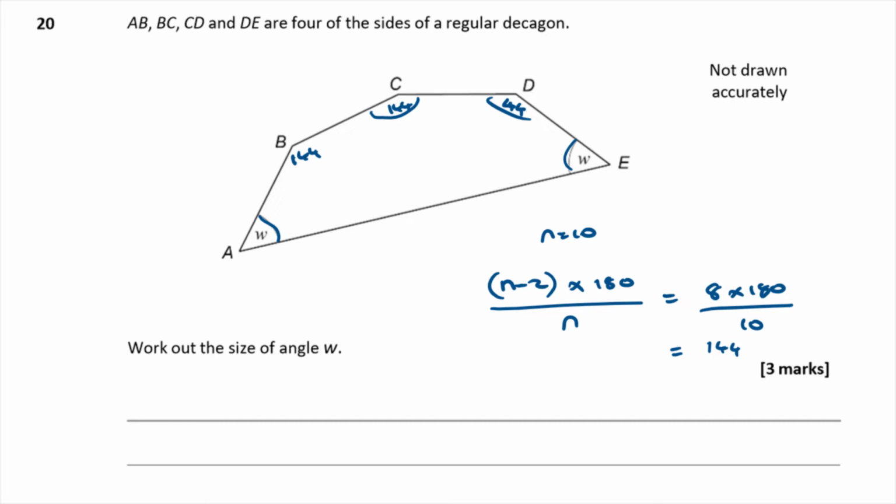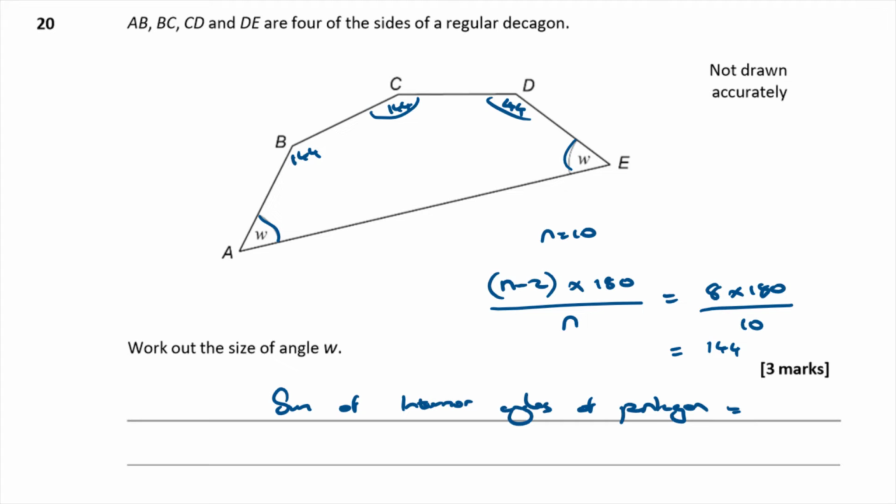Now if you think about it, our new shape, even though it was a decagon to start with, is no longer a decagon. Now it's a 1, 2, 3, 4, 5-sided shape. It's a pentagon. Now it's not a regular pentagon, but it's a pentagon nonetheless. So the sum of the interior angles of a pentagon is going to be the same formula, isn't it?